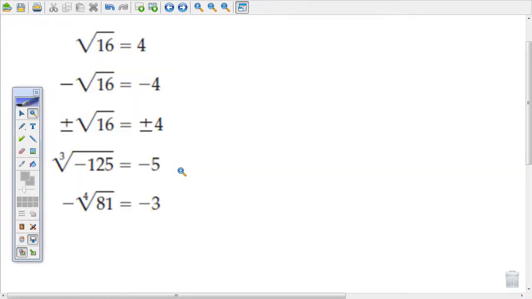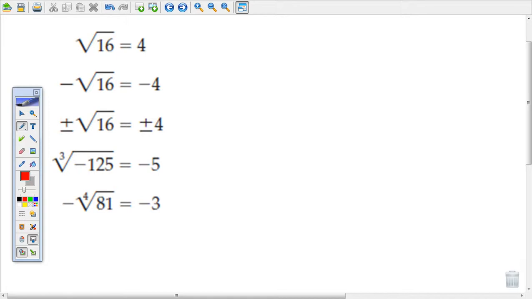Okay, so we got to talk a little bit about format. When you're working with radicals, there are different things that we want based on different things that we say. If I just write the square root of a number, I'm asking you to find the positive answer.